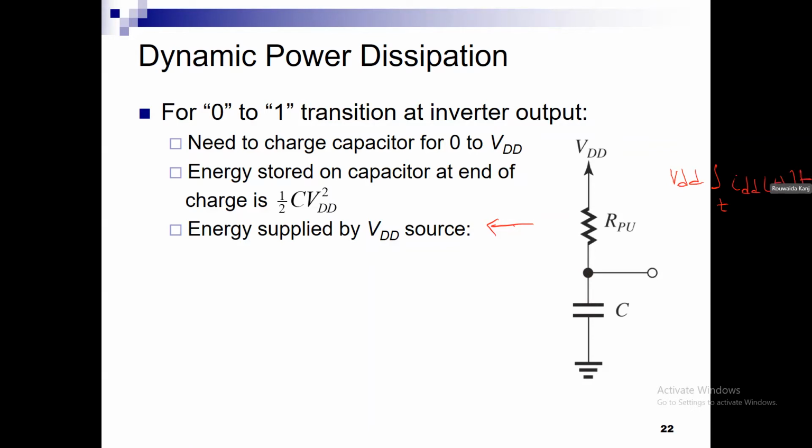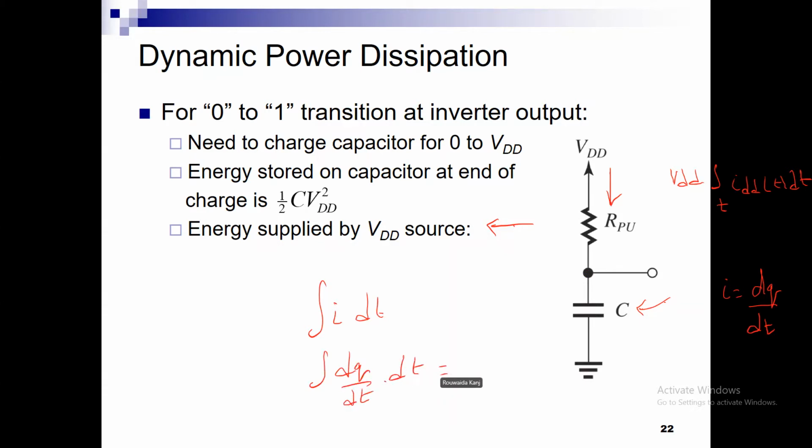But the current that is flowing in VDD is really the current that is flowing in the capacitor, and we know that the current that is flowing in the capacitor is really dq by dt. So the integral of I dt is the integral of dq by dt times dt, which is the integral of dq, which is finally the charge that is stored in the capacitor.